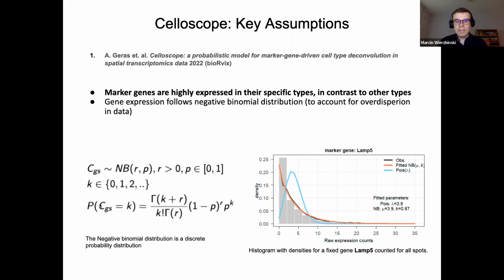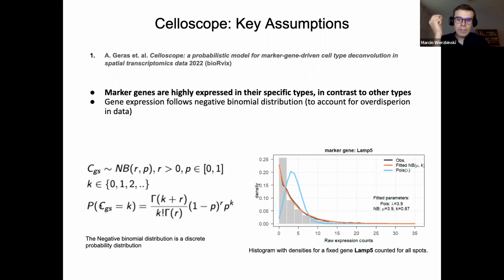The number of cells in this model is estimated based on images from spatial transcriptomics, and prior knowledge on marker genes. A marker gene means that the gene is highly expressed. The cell type is encoded as a binary matrix with an indicator of whether a gene is a marker or not.